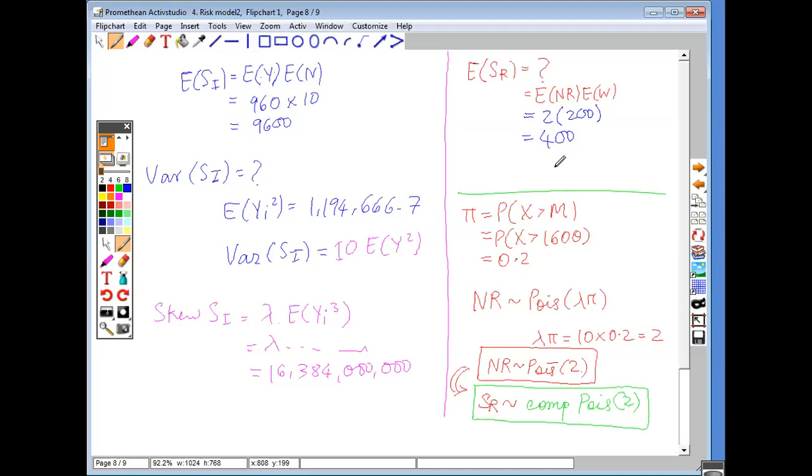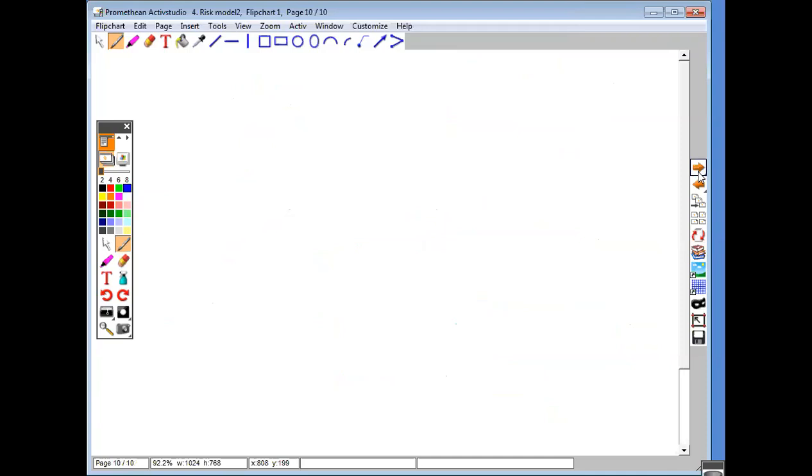So again, another slick trick that you could have used was the fact that expectation of S is nothing but expectation of SI plus expectation of SR, right?